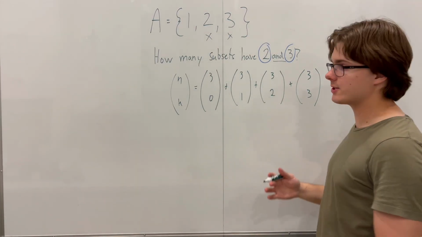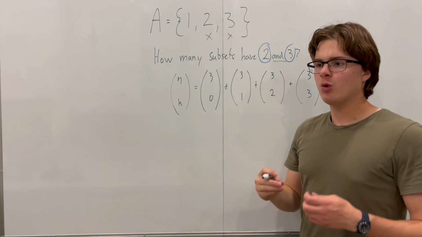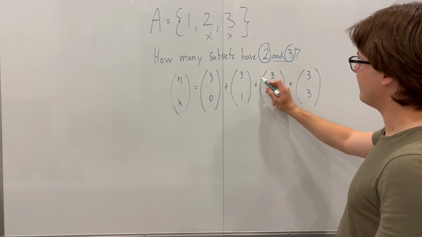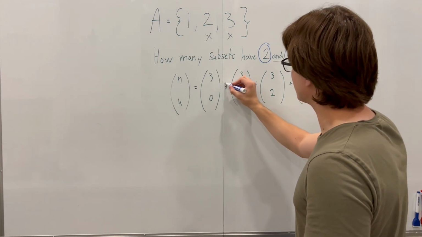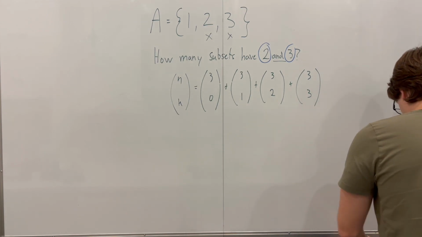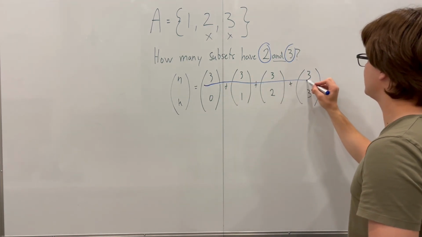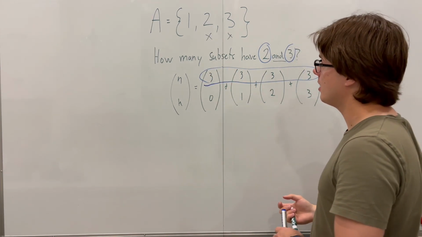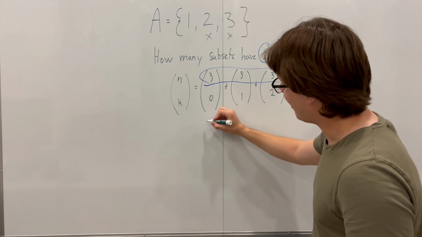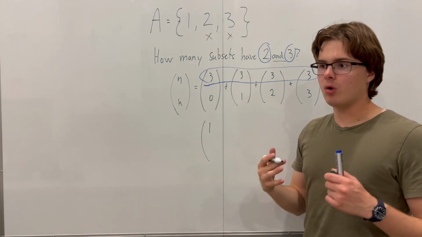So originally, this is how we looked at the total problem. But because we are fixing our 2 and 3, we no longer have 3 variables. We no longer have the ability to choose from 3 elements in our set. We now instead have to choose from 1. You can only choose 1.